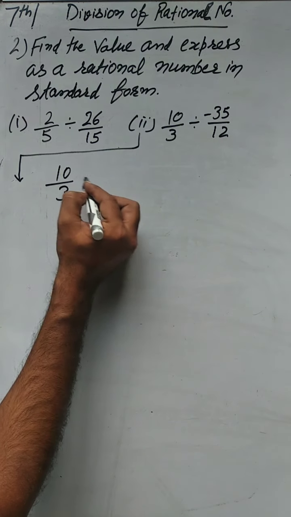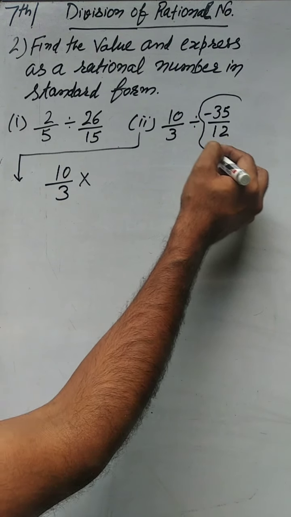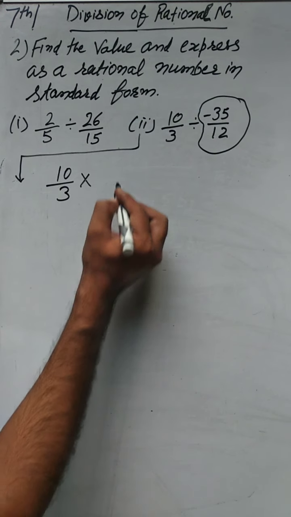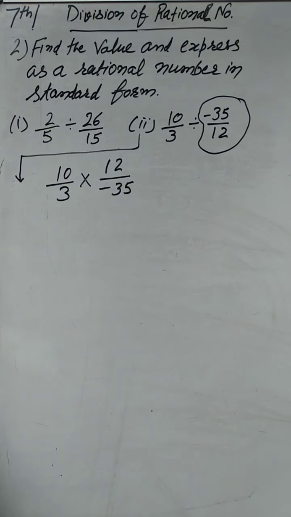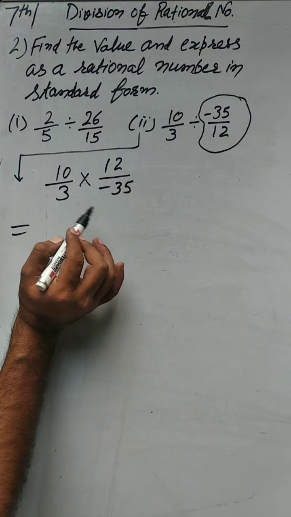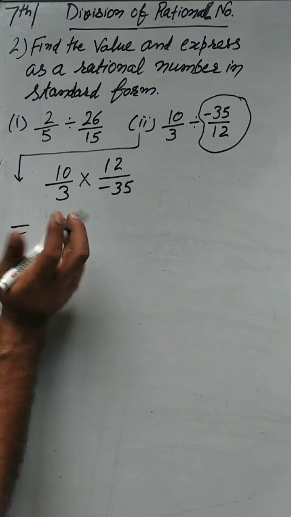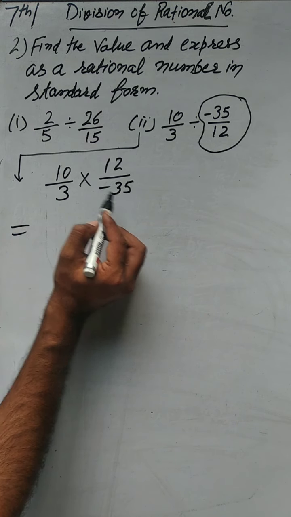So division, beta, changes into multiply, and the reciprocal of minus 35 upon 12 will be 12 upon minus 35. Understood beta? Now if anything is common between numerator and denominator, you can cancel it. Now look, 10 and minus 35, both are on the table of 5.